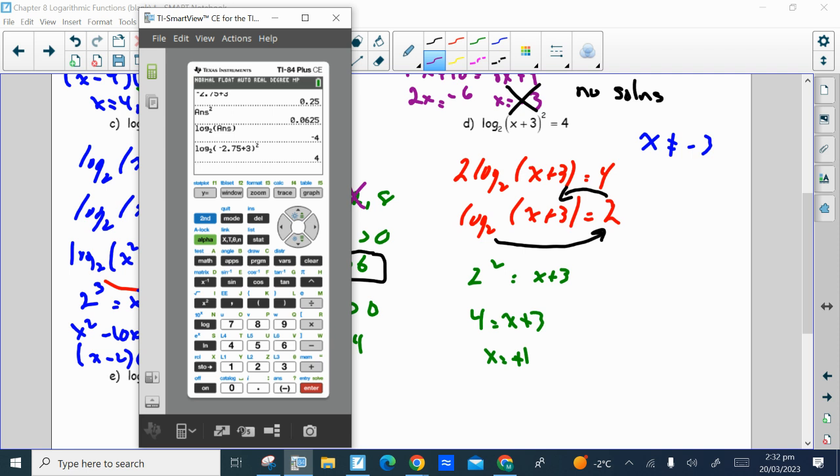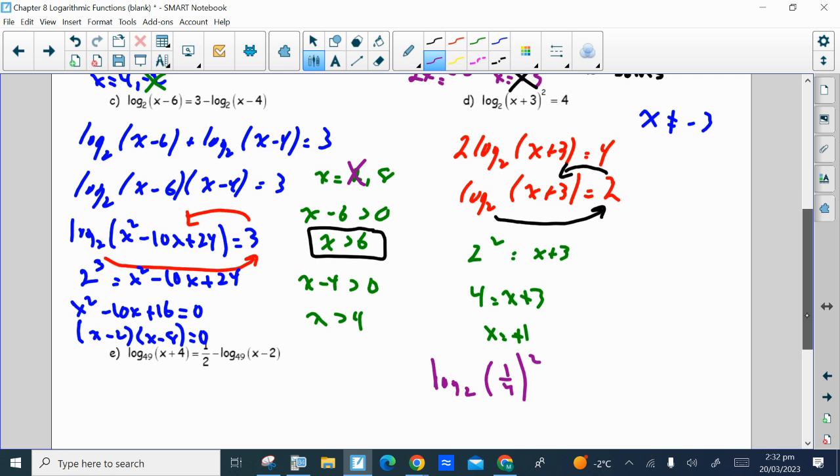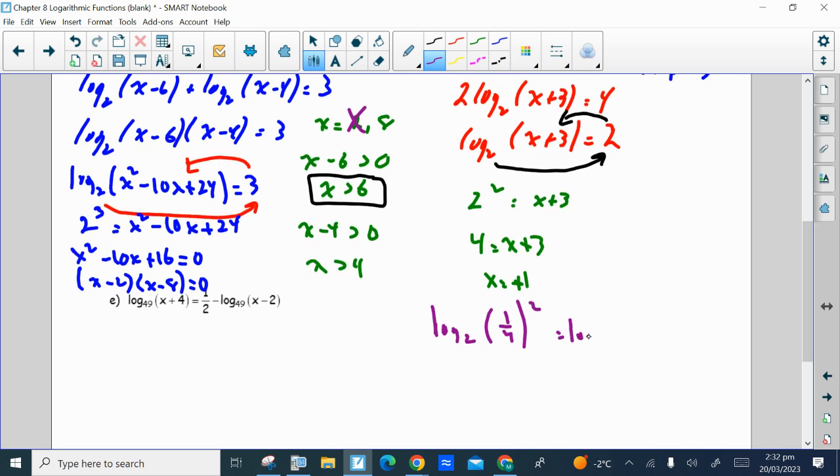Yeah, that's not right though, because -2.75 plus 3 is 0.25 or a quarter. So if you work this out, you'll have log base 2 of 1/4 all squared. 1/4 squared is 1/16. So that's log base 2 of 1/16, and that equals -4, not +4.